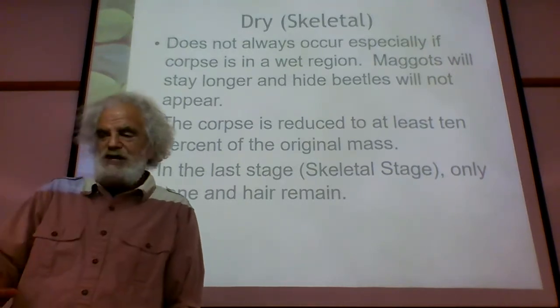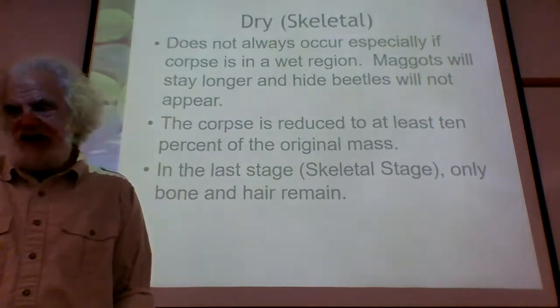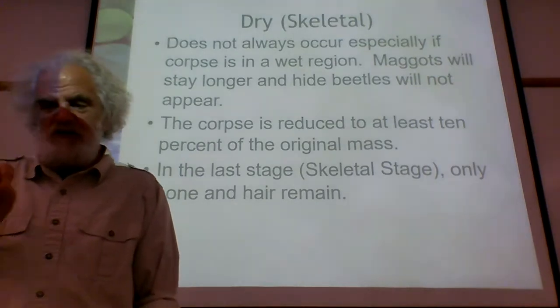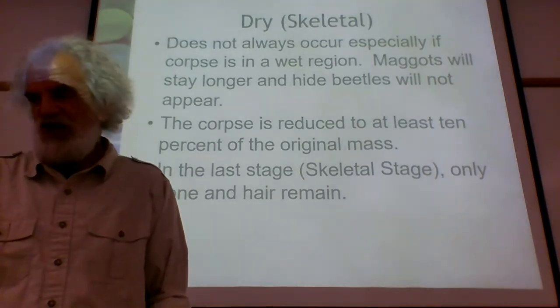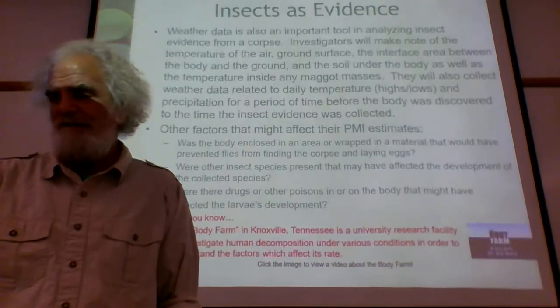The maggots will stay there, and the hide beetles never really get a chance to strip things down. But in dry conditions, the corpse is going to be reduced down to the skeletal stage. So you only have bone and hair remaining.